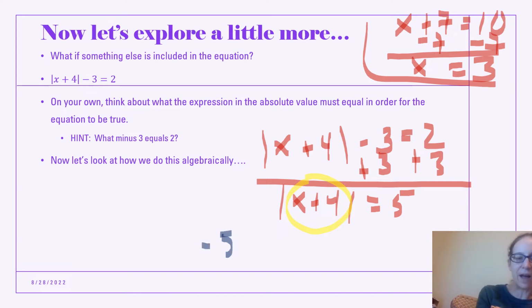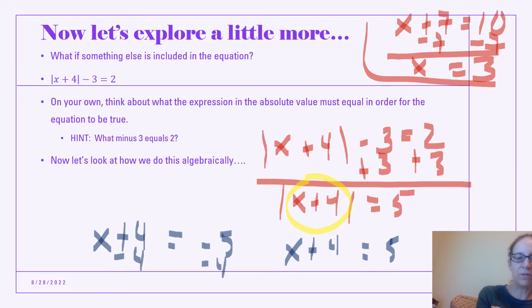Well, negative 5 and positive 5. What could be equal to negative 5? That would be whatever is inside the absolute value. And we would subtract 4 to undo that. So x is equal to negative 9, or x is equal to 1.